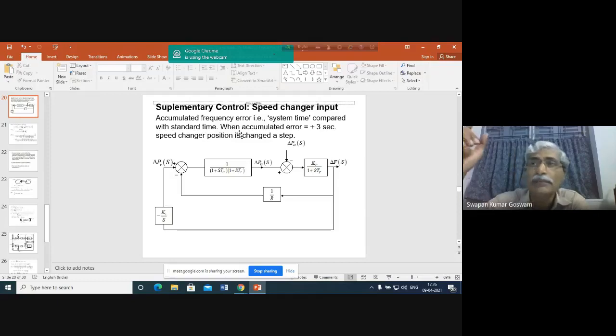Similarly, if they draw undeclared power when the frequency is above normal, then they may draw power even for free. That means if the system frequency is above normal, you may draw power without paying any price for that. You may get power free also.